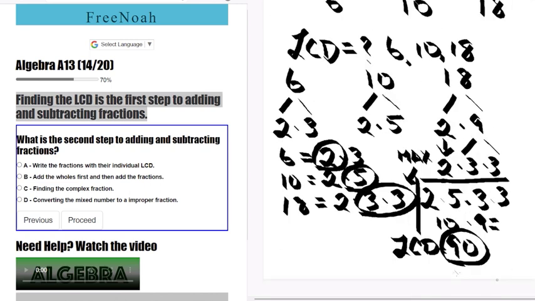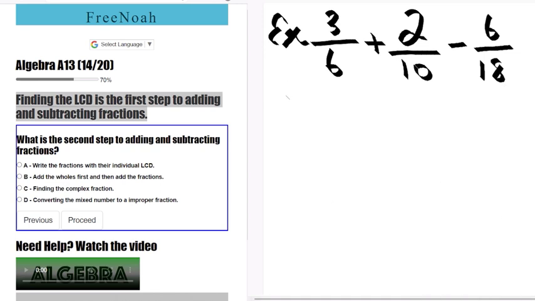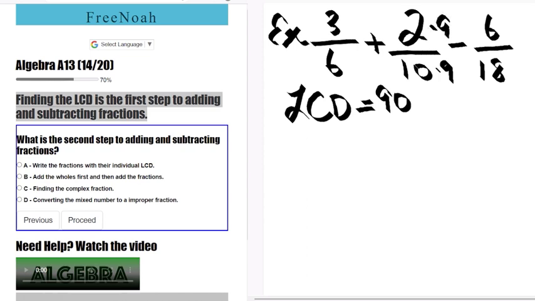Now that we've got the LCD of 90, we can determine what number can give us 90 when we take a look at the number 10. Well, number 9. So let's multiply 10 by 9, and let's multiply the numerator 2 by 9.